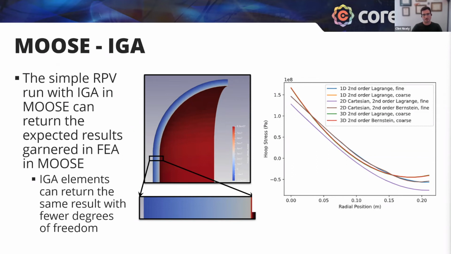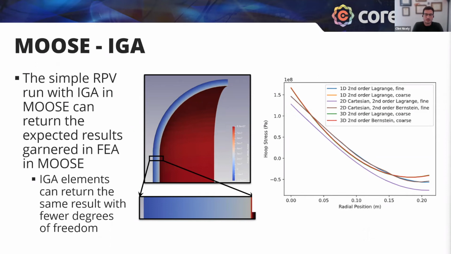So it's this middle line. We can see here that there are lots of different approaches, and they're all sort of in the same range. One thing that we'd like to note is that as you get a finer distribution, you can get closer to the answer that we seek.